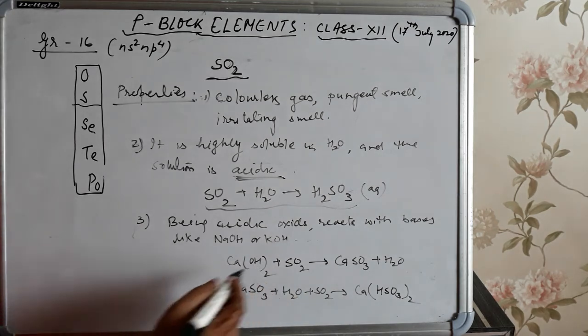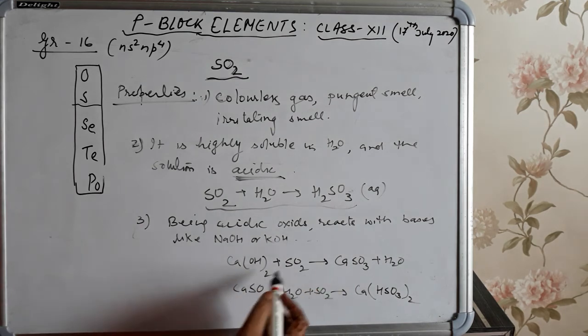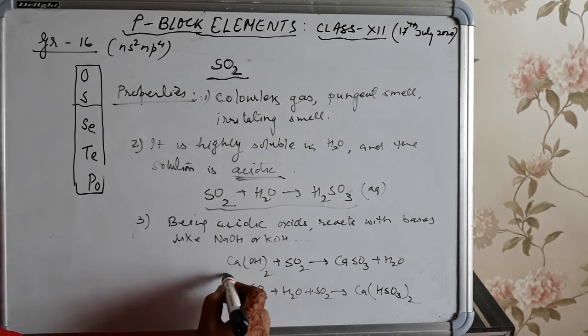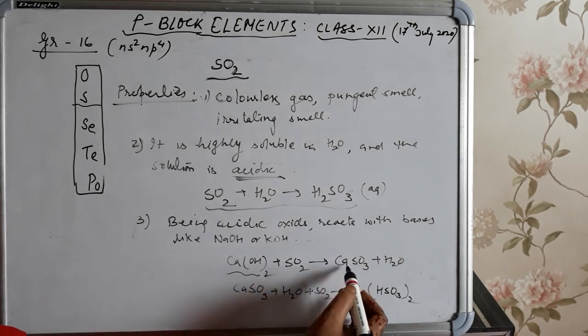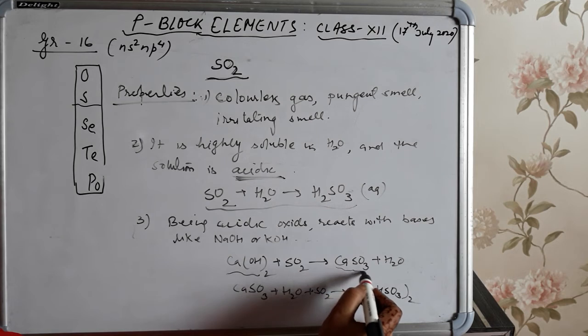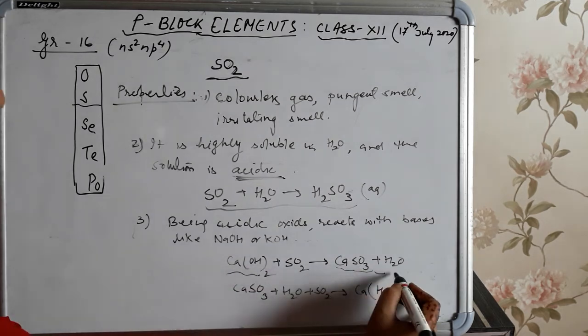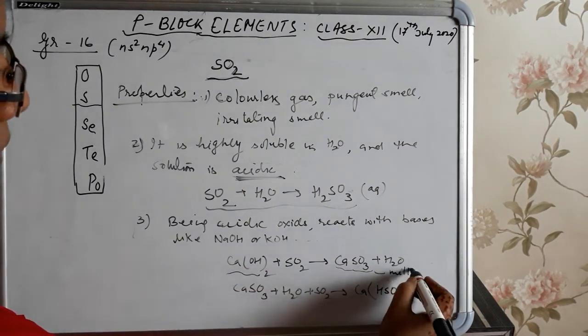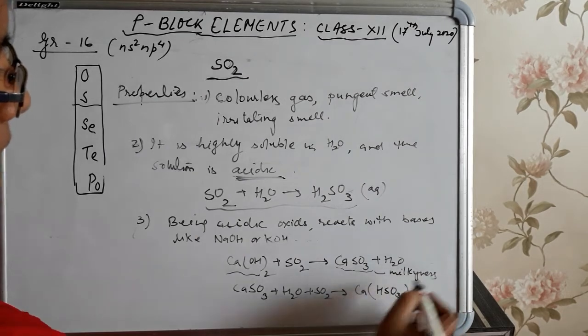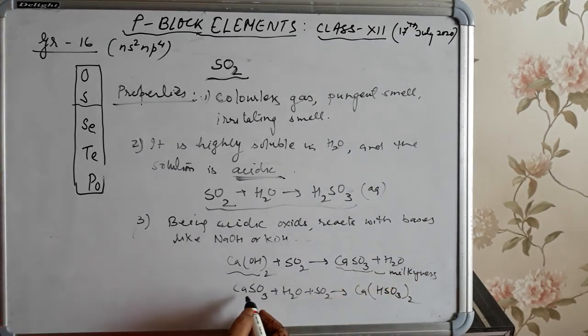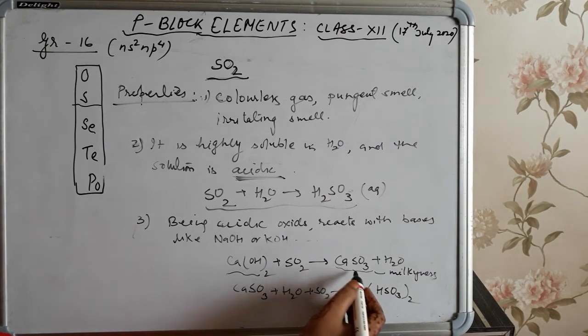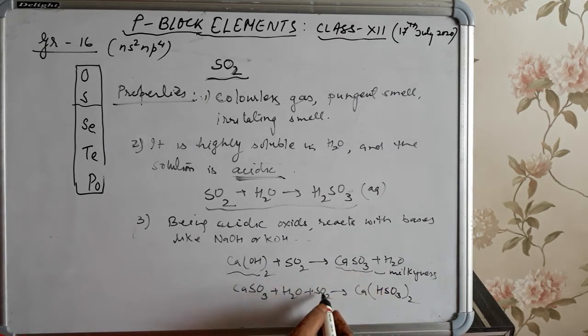Like carbon dioxide, it also shows milkiness whenever it is treated with lime water. So when sulfur dioxide is treated with lime water, milkiness appears due to the formation of calcium sulfite. The milkiness disappears when the calcium sulfite and water formed are treated with excess sulfur dioxide, due to the formation of calcium bisulfite.